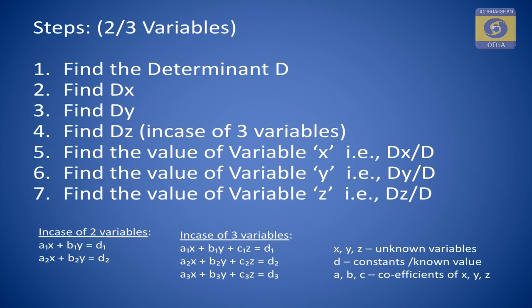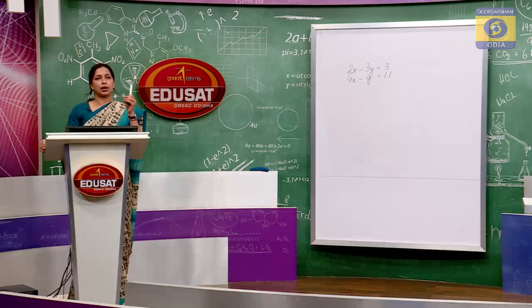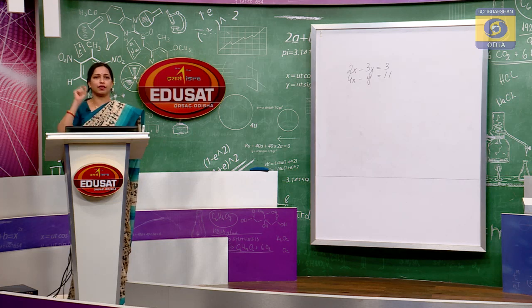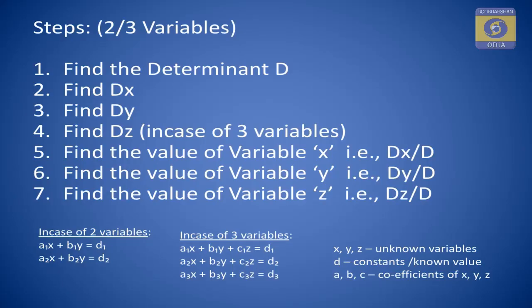Next, we have to find Dx. In the Dx determinant, we substitute the coefficients of x with the known values. For Dy, we substitute the coefficients of y with the known values, and if there is another unknown variable, let us say z, similarly we substitute the coefficients of z with the known values.